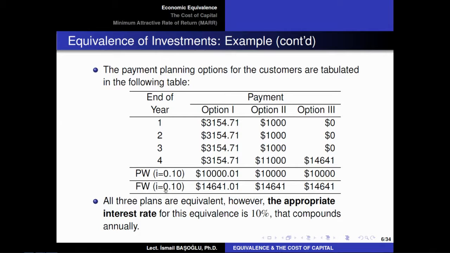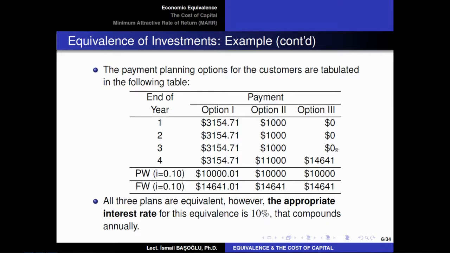All of the future worths of these 3 options are going to be $14,641. Okay. Now, all these 3 options, my friends, are the same under 10% interest rate that compounds annually.